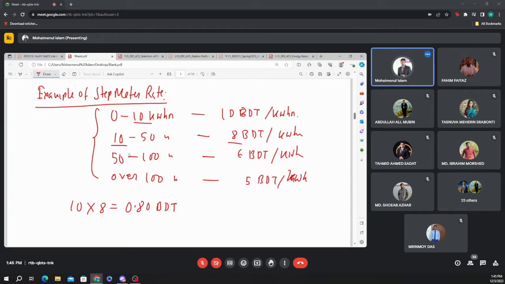For here it is 50, and previously it is 50 for 8 taka. Now it is 50 for 6 taka. So it is overlapping. So we can take the minimum value, 50 into 6, 3 BDT. This is our 6 BDT.